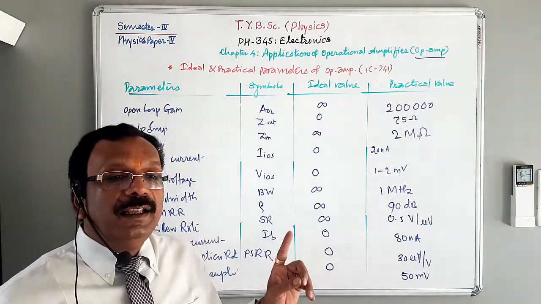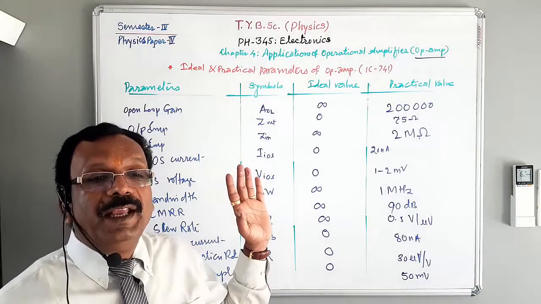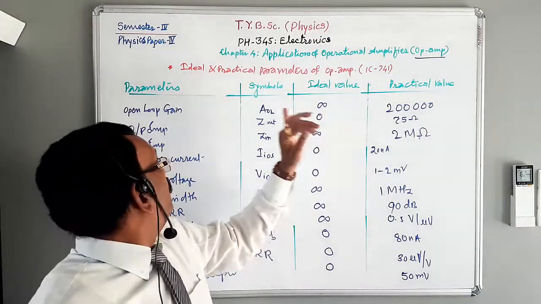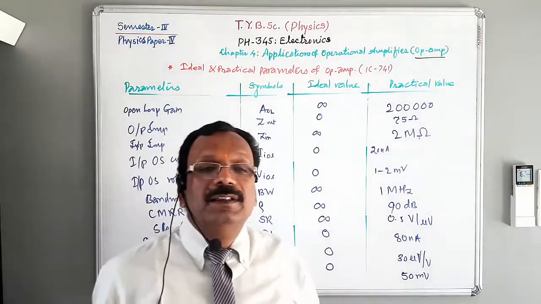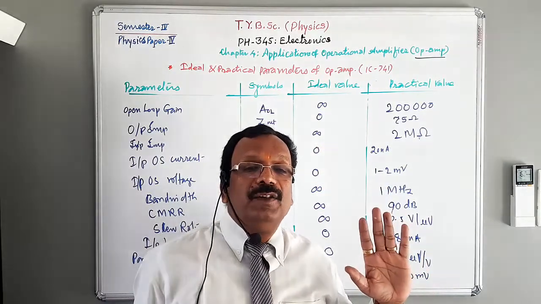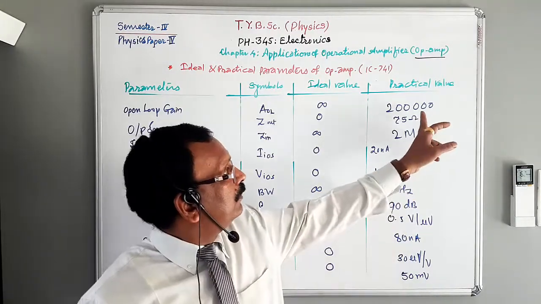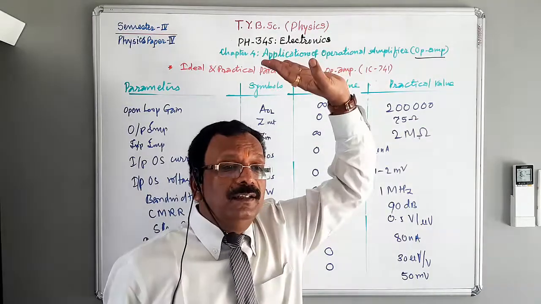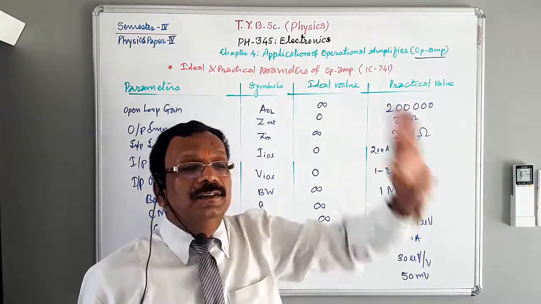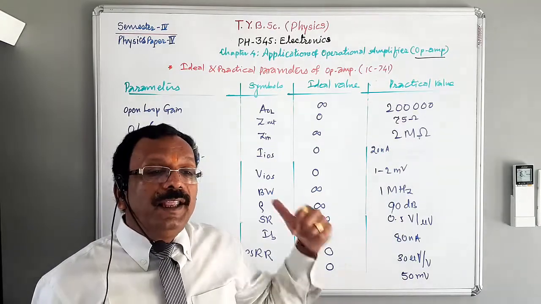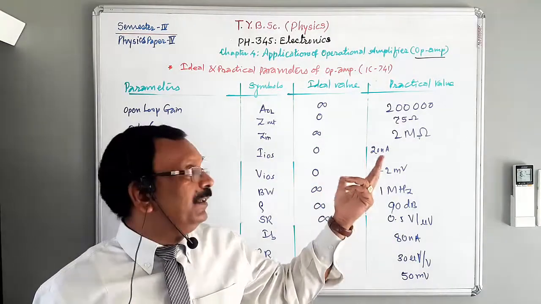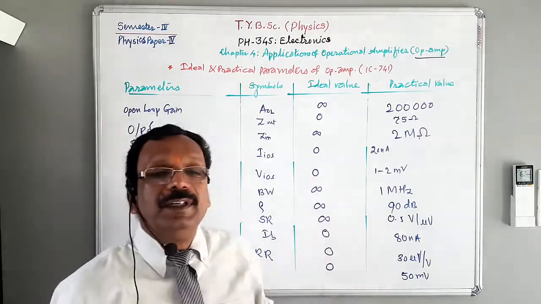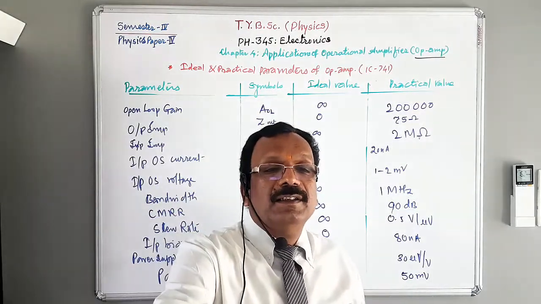Practically they have an open loop gain which is very large, in the range of 10⁵, that is 1 lakh to 9 lakh. They have large but not infinite input impedance, though it is theoretically infinite.